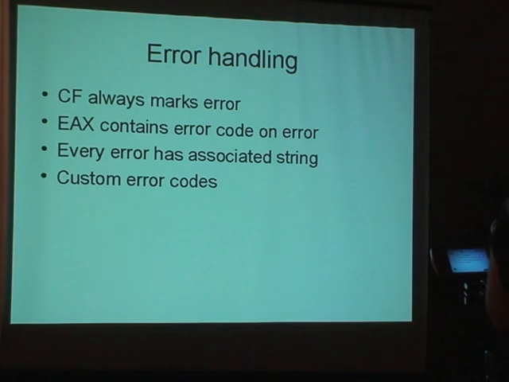In case there was some error, EAX holds the error code, and it can be easily translated to an error string with a single call. There is also the possibility to set up custom error codes which will be handled by the FASMLIB procedure which converts an error number to an error string.